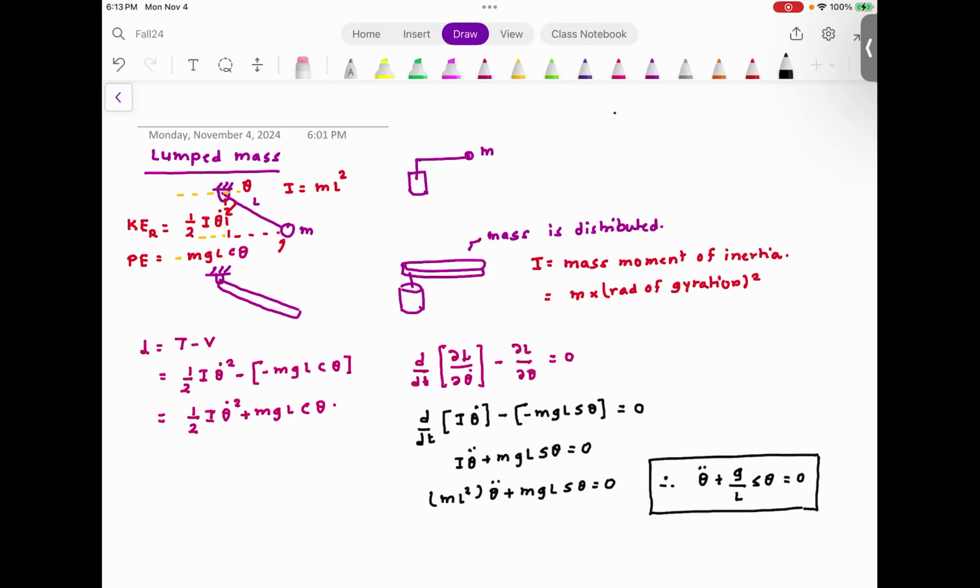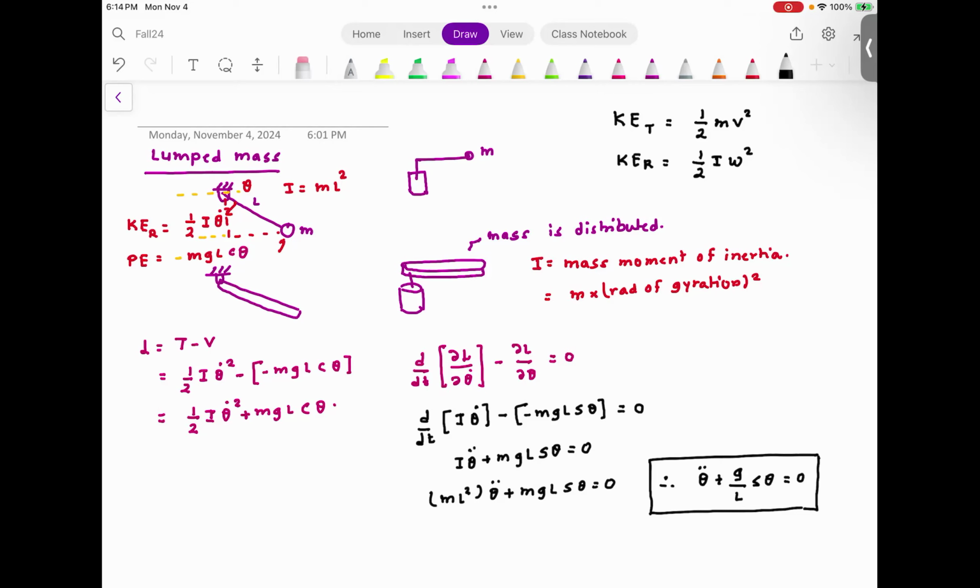So please understand, kinetic energy of translation is given as 1/2 mv square. Kinetic energy of rotation is given as 1/2 I omega square, where omega is the rotational velocity and I is the mass moment of inertia. What is a mass moment of inertia?